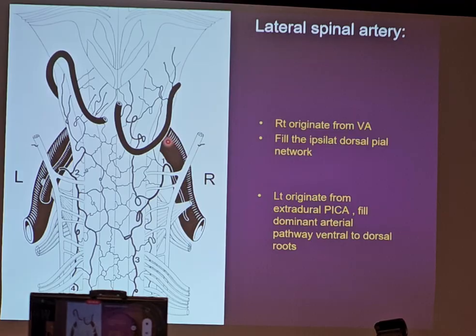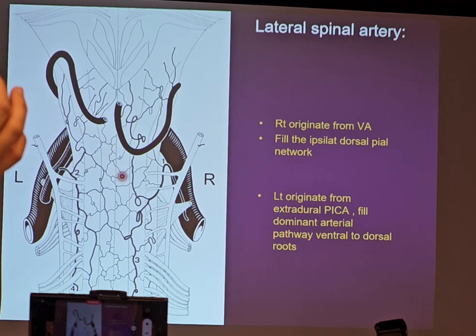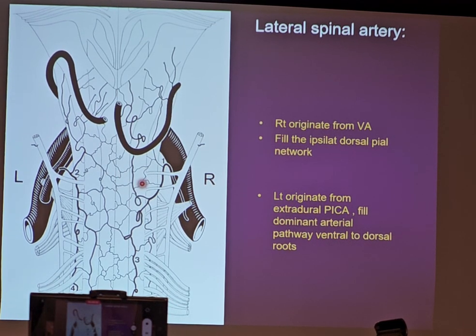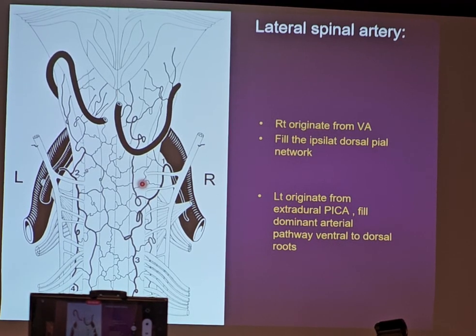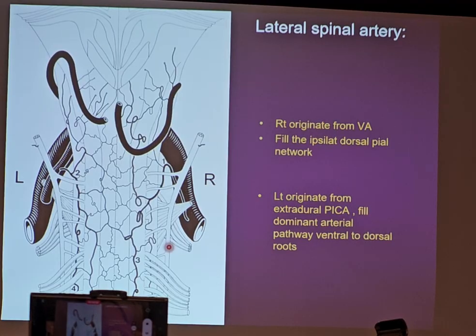If you have the regular intradural PICA, the lateral spinal artery will come off from the vertebral artery. Okay? And you are sure that this is the dorsal system of the upper cervical level, so when it comes down to C4, 5, 6, it will probably merge with the posterior spinal arterial system of the spinal cord.